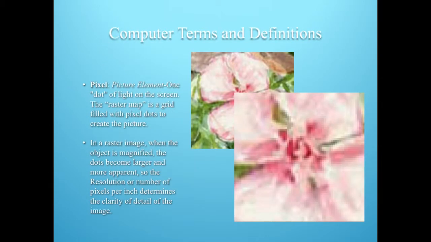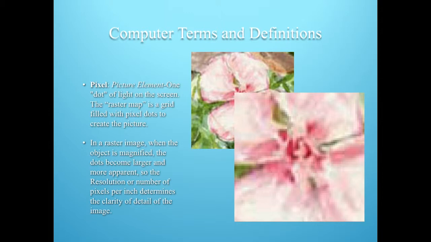This is another example of what happens when you're talking about raster graphics. If you zoom in on an image, you can see the individual boxes or dots, the raster map of pixel dots that make up the image. So a picture element is a dot of light on the screen, and that is what the little squares are. The raster map is a grid filled with pixel dots to create the picture.